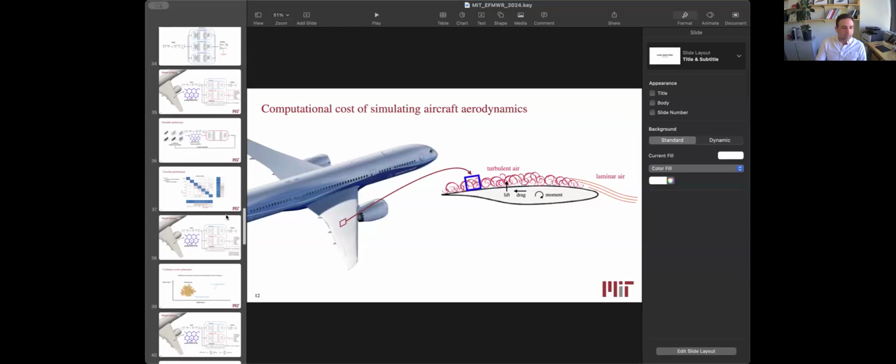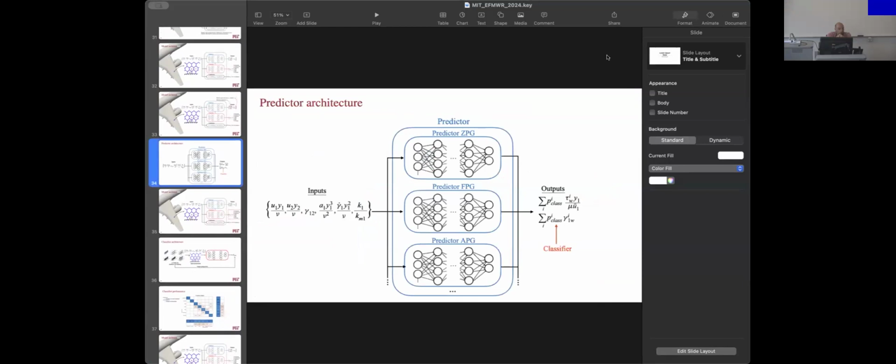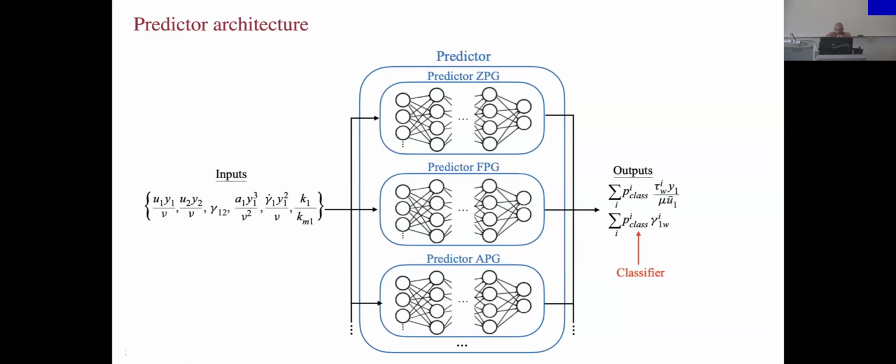This is the classification, called PI class. This is the probability of belonging to a given class. My output is a linear combination of all the possible classes weighted with the probability of that class. So it's linear in the probabilities.